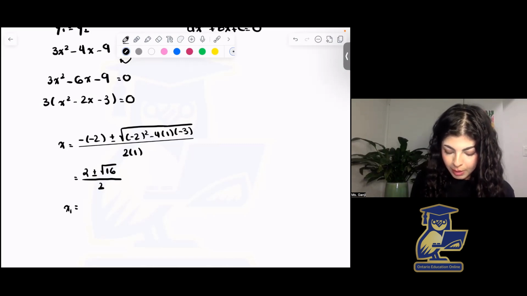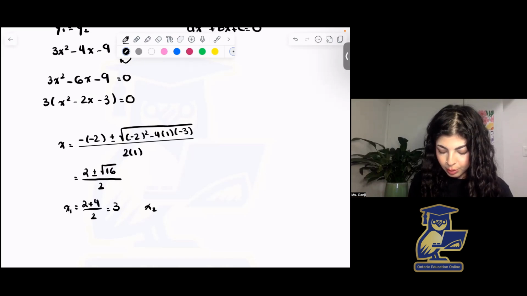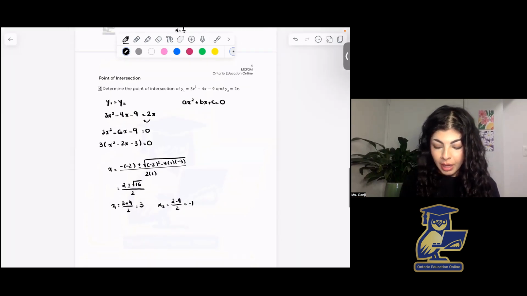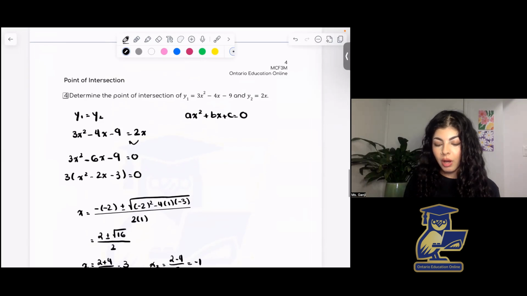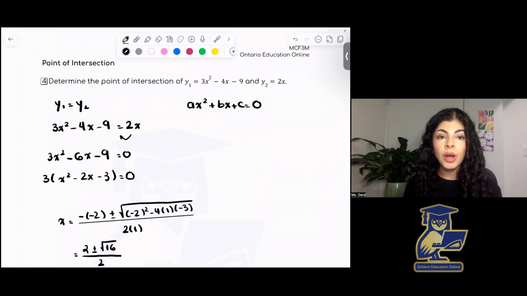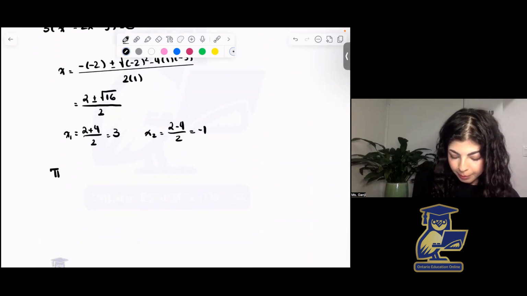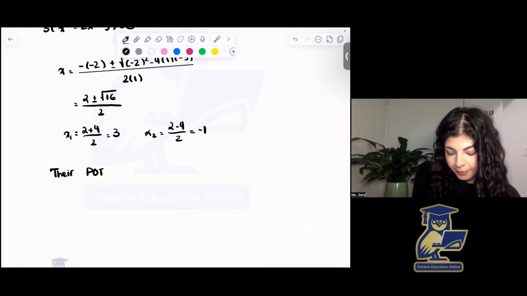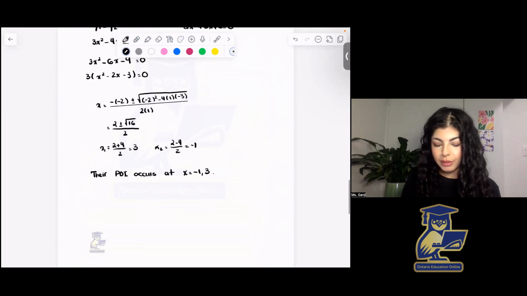And here x1 would be equal to 2 plus 4 over 2, or 3. And x2 would be equal to 2 minus 4 over 2, or -1. And in this case, both the solutions will work because we are no longer working with time as our variable. We're just working with x for two functions that are defined over all x. So here we would just say that their point of intersection, their POI, occurs at x equals -1 and 3. And that would be your solution there.